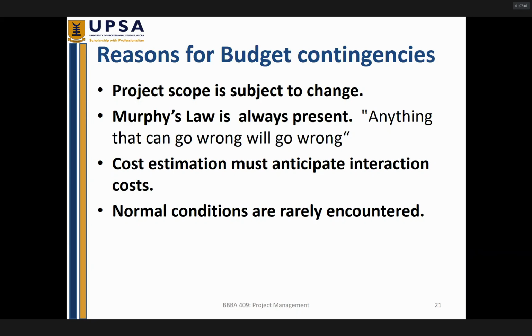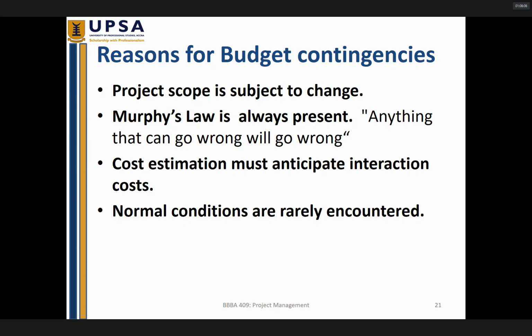What is this Murphy's Law? Murphy's Law simply says that anything that can go wrong will go wrong. So because of this law, we need to get budget contingencies to cater for whatever will go wrong.